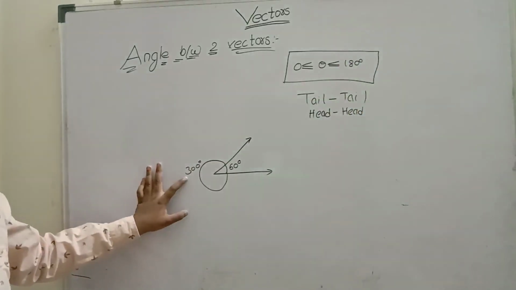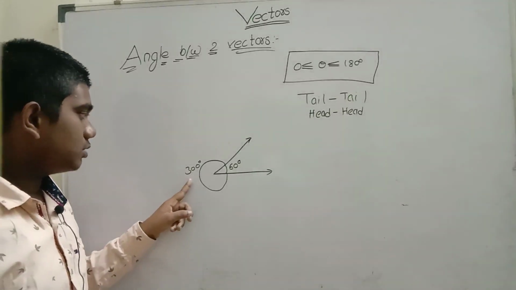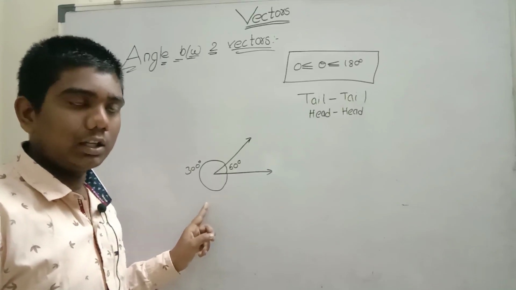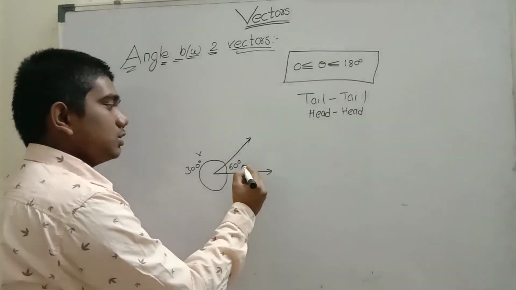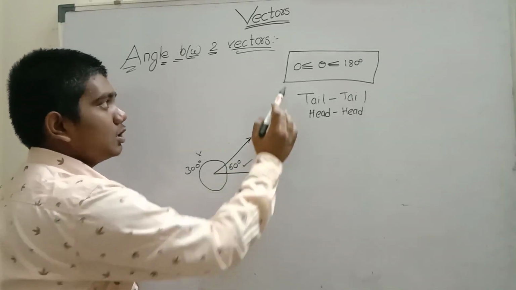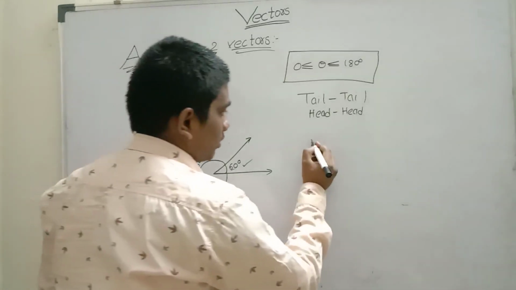Here 300 is already more than 180, so this is wrong. This is less than 180, so it is right. 60 is in between 0 and 180, so it is right. 60 degrees we can take.